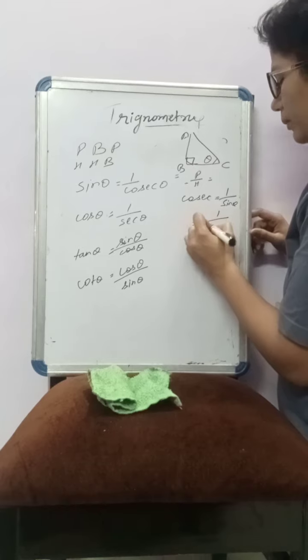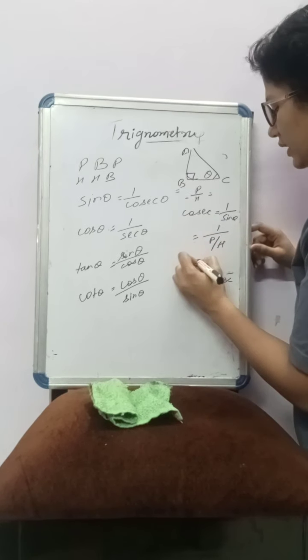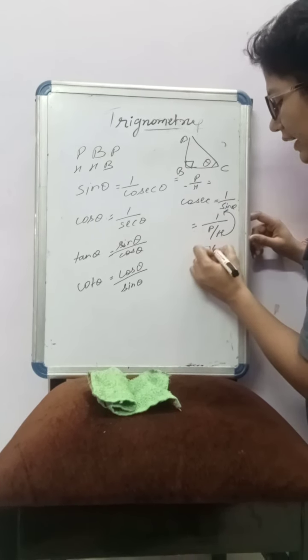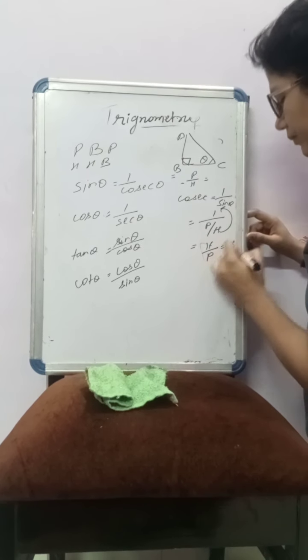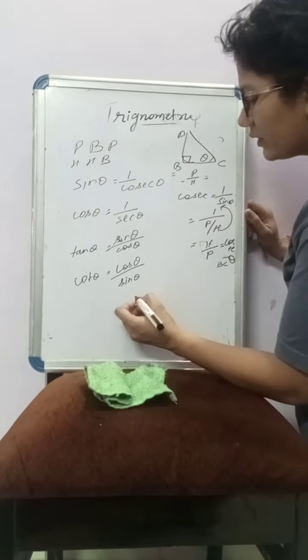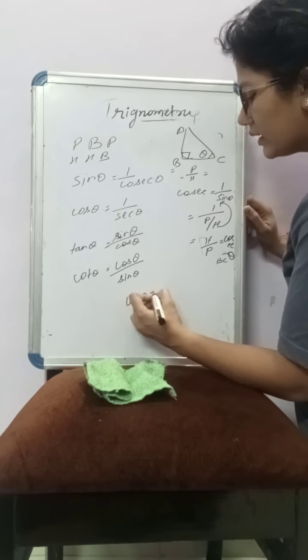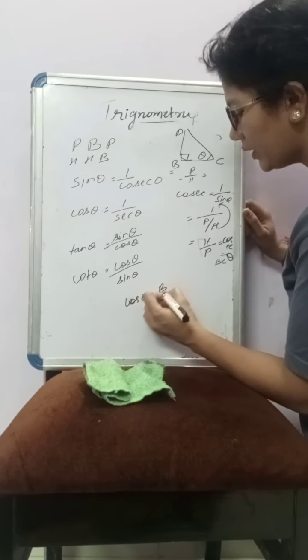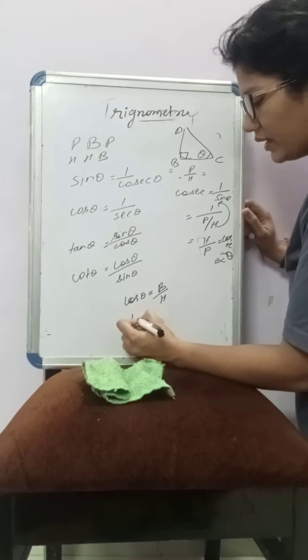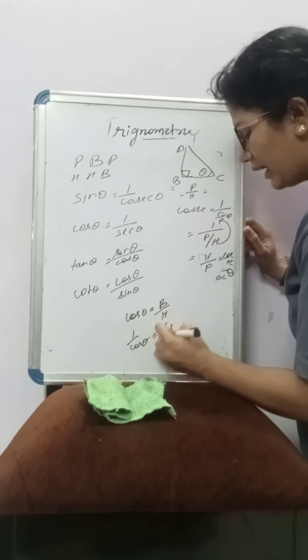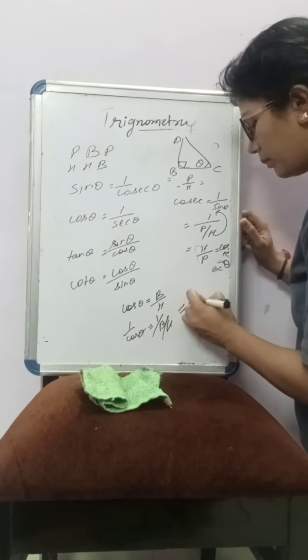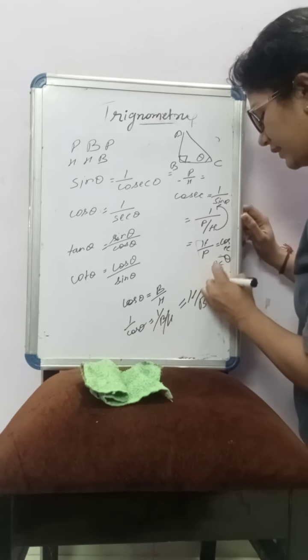This is basically 1 upon P upon H. Then H goes upwards, so H upon P, which is our cosec theta. Cos theta is basically B upon H, and 1 upon cos theta is 1 upon B upon H, that is H upon B, which is sec theta.